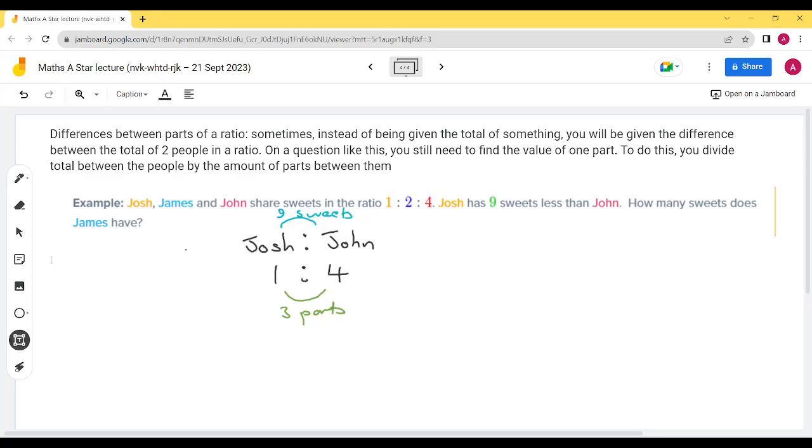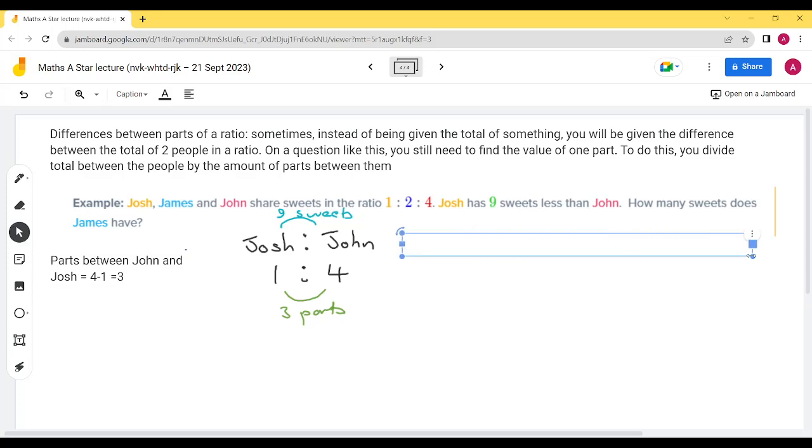Just to explain what we've done now, we've got parts between John and Josh equals 4 minus 1 equals 3. So we know that the 9 sweets represents 3 parts.